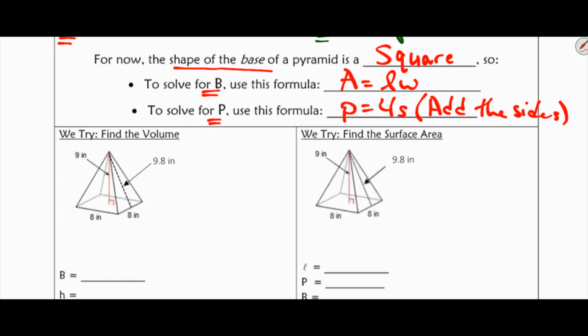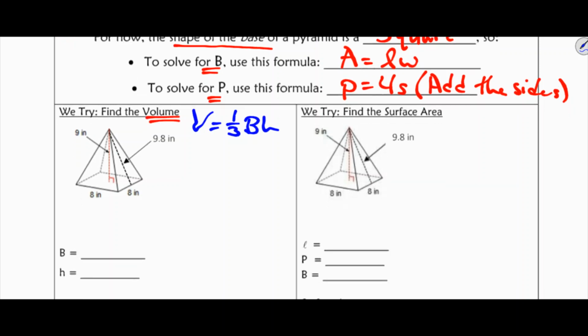So we're trying to find the volume. Again, you really need to think about what do I need to solve this before you just jump into solving it. Volume is 1/3 times big B times H. What is the big B here? What is it though? So area of the square.